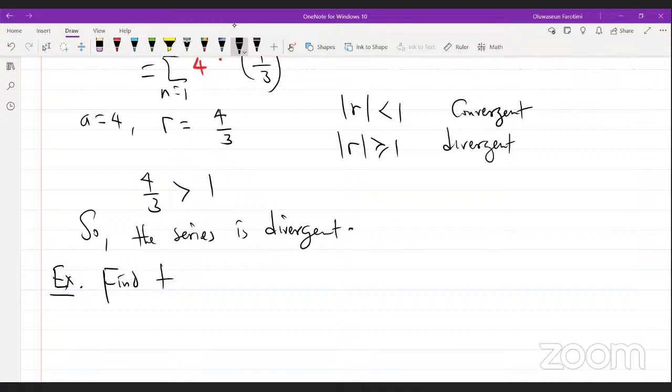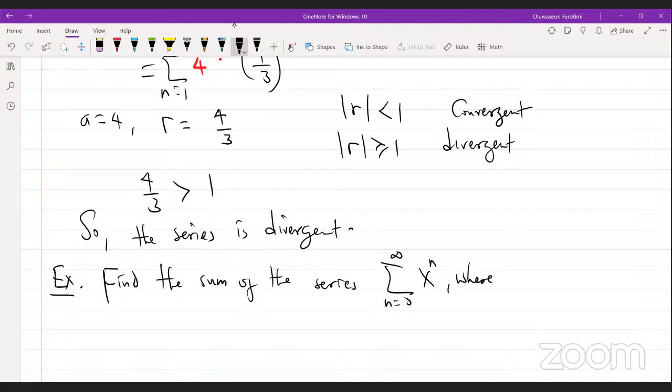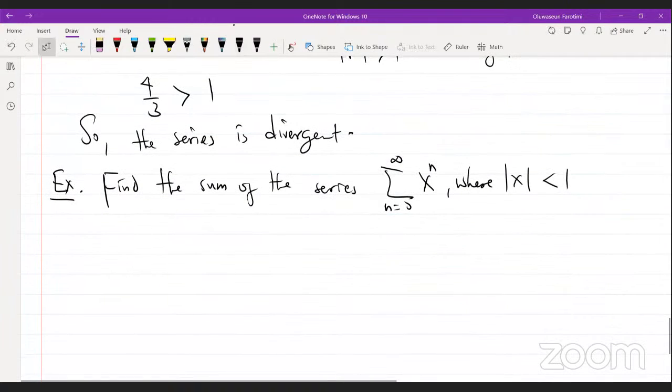Find the sum of the series from 0 to infinity, x to the power of n, where the absolute value of x is less than 1. Interesting solution. What do I know?